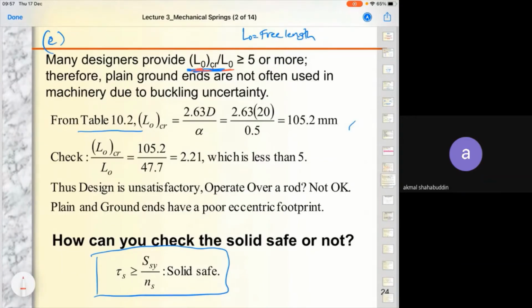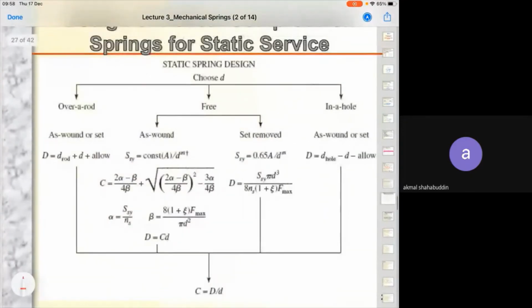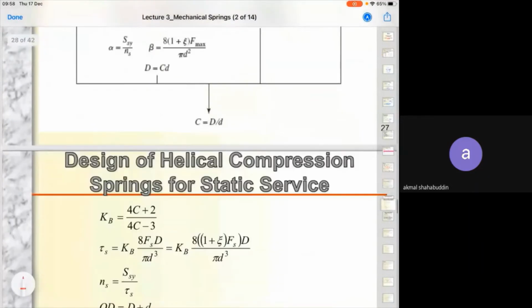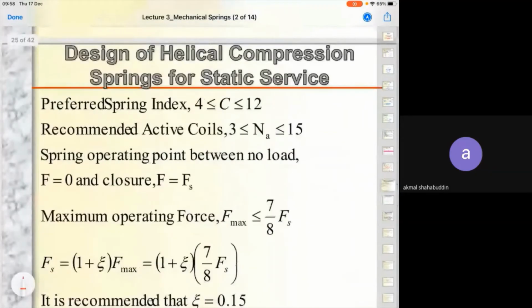Therefore, plain ground ends are not often used in machinery due to buckling uncertainty. So from table 10.2, boleh tengok table 10.2 tak? Kat mana? Table 10.2 sebenarnya yang ni.